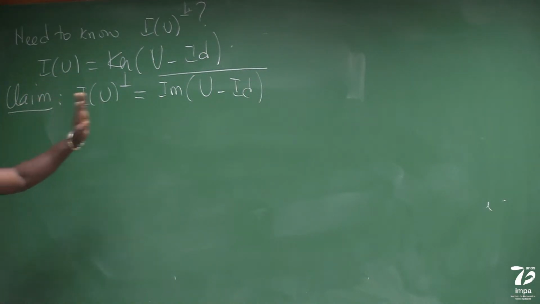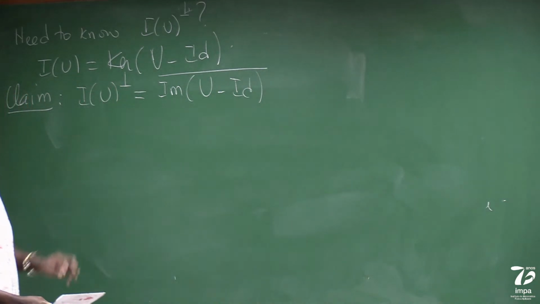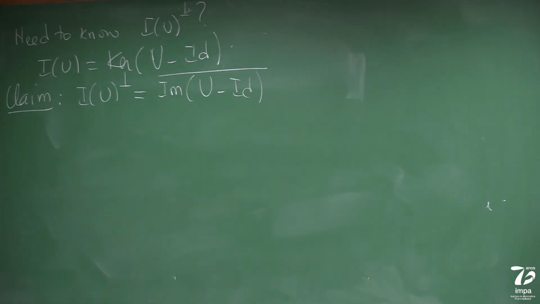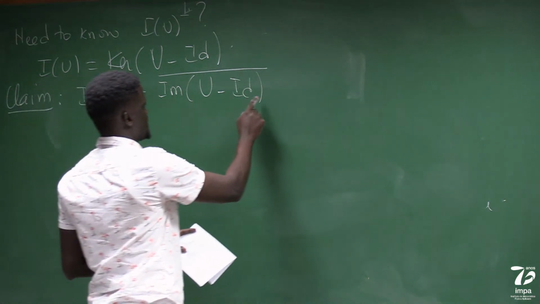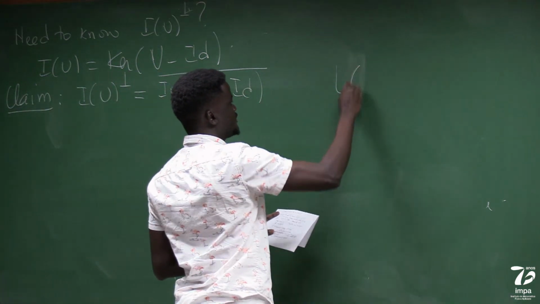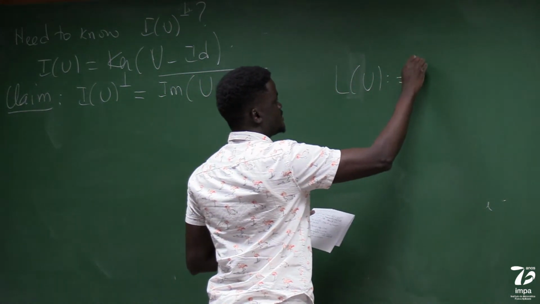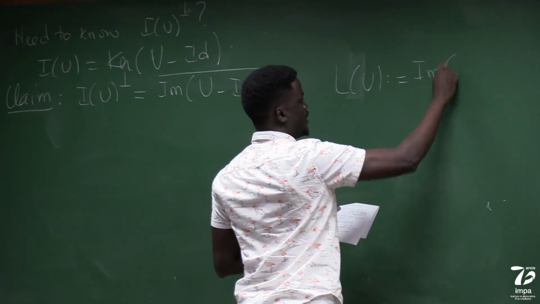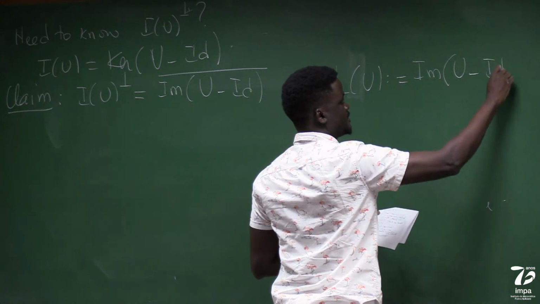When I say closure here, it is with respect to the topology that is given by the Hilbert structure, by the norm, by the metric you have here. Let's write this space as, just for notation, L_U is the image of U minus identity.